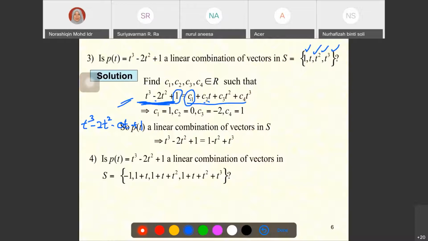I think I'm stuck at the very first step, doctor. Why do you start at the very first step? Because this is quite easy.